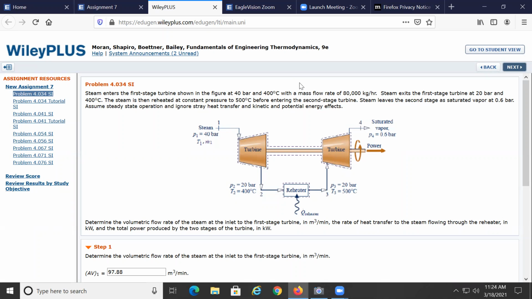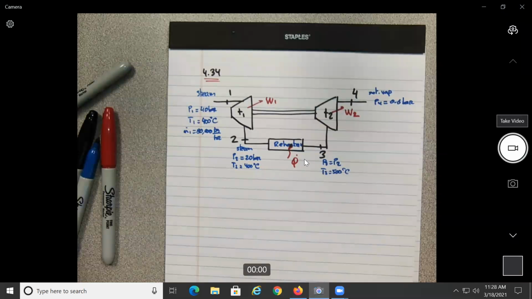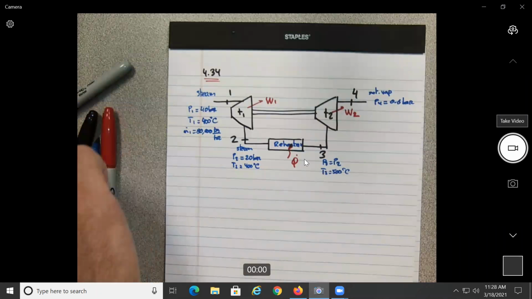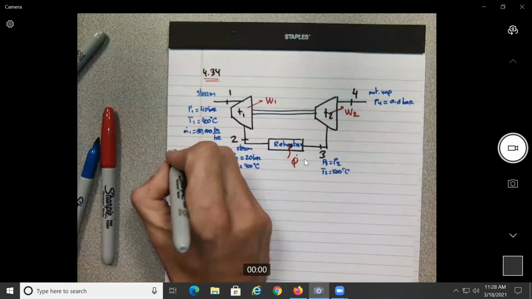Okay, so I'm going to stop the recording as I do the figure, and then I will pause it again. So basically, after doing the figure, we need to find the volumetric flow rate at 1. So over here, we need to find AV1.